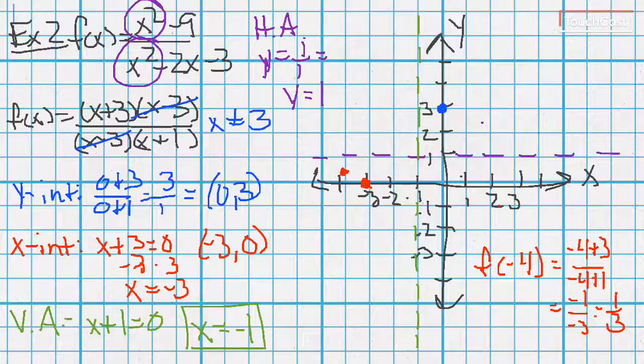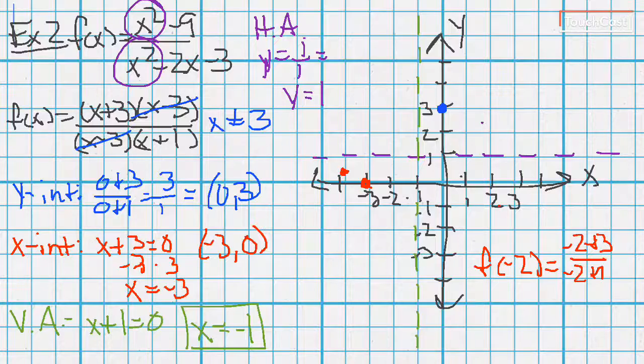I'm also going to pick a point that is to the right of -3. So maybe I do -2. But before I do that, I'm going to erase what I just did with this -4 so I have space. So let's find f of -2. If we put -2 in, we're going to get -2 plus 3 over -2 plus 1.